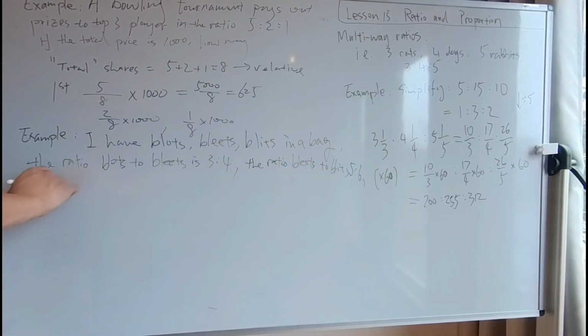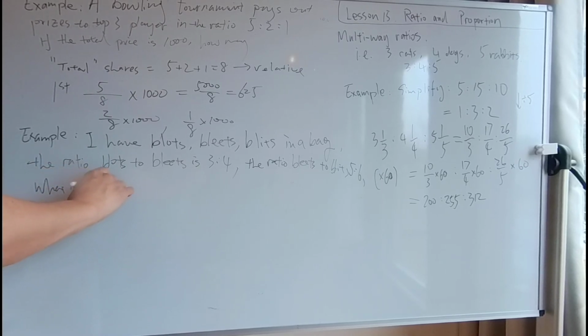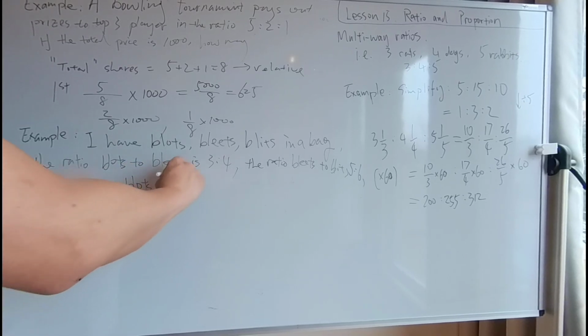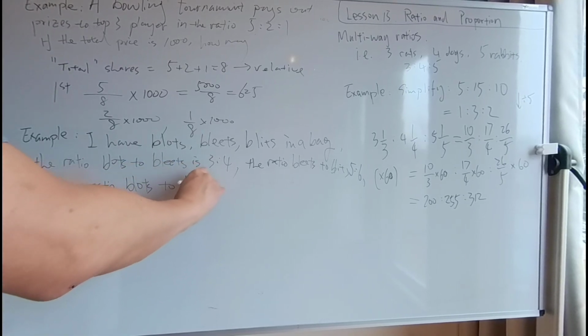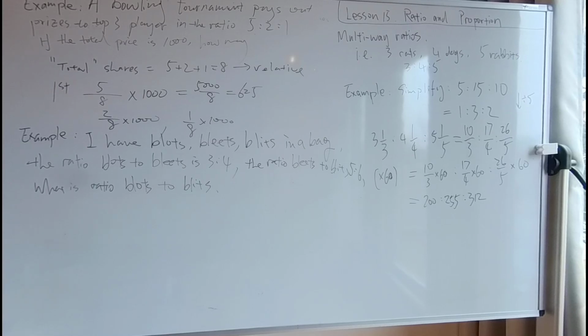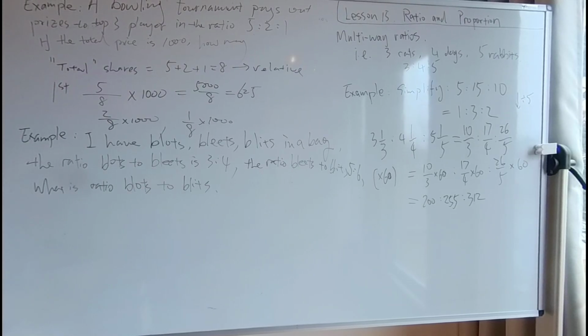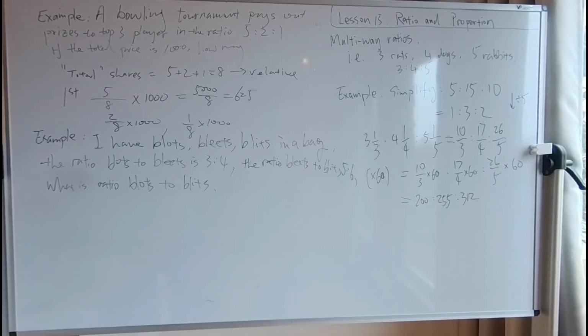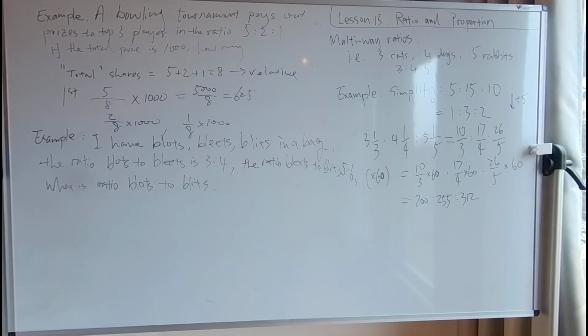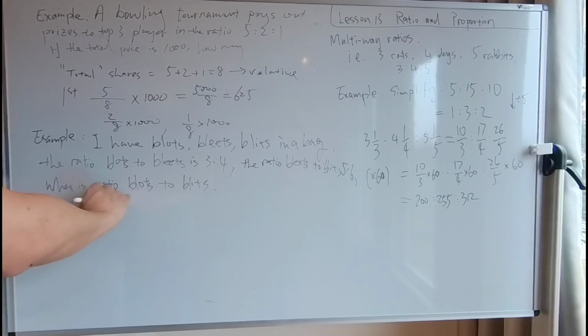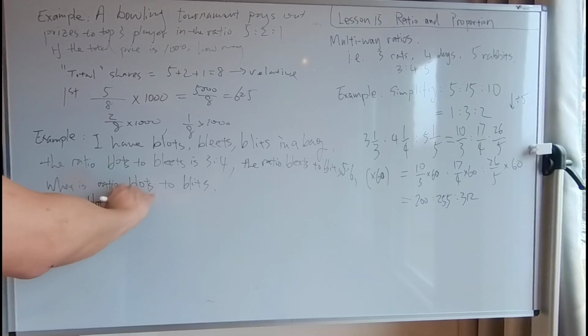So what is the ratio of blots to blits? Okay, in this example, I know the ratio of each pair, and I want to know the ratio of the 2 unknown pairs.